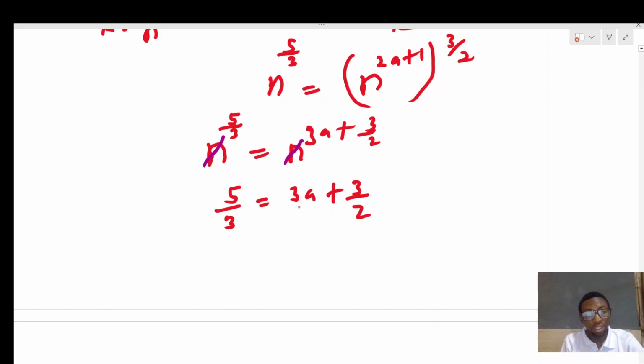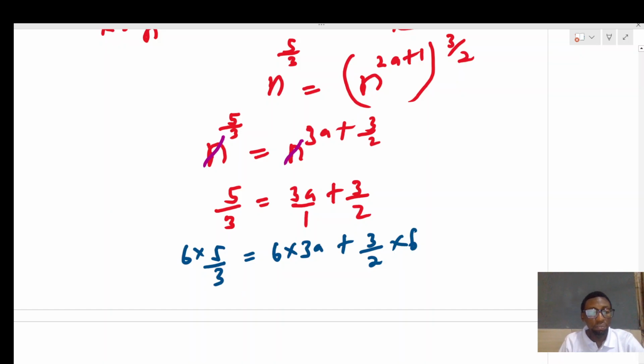What's the LCM? The LCM of the denominators 3, 1 and 2 is 6. So multiply everything by 6: 6 times 5 over 3 equals 6 times 3a plus 3 over 2 times 6.